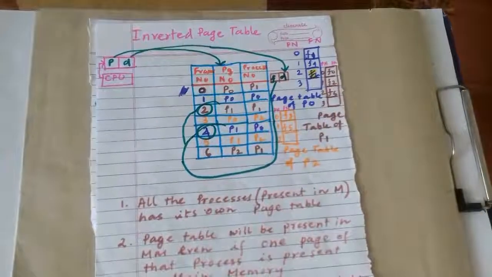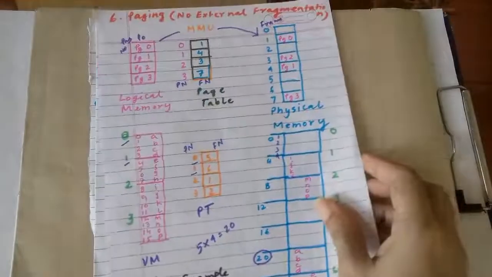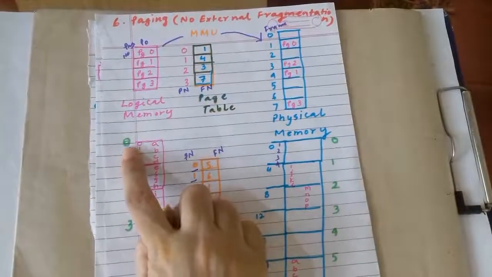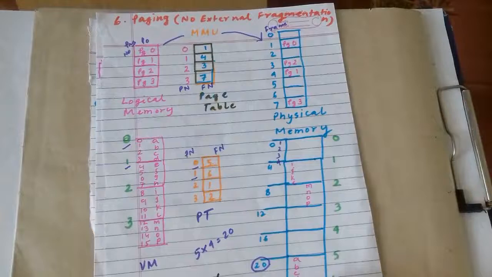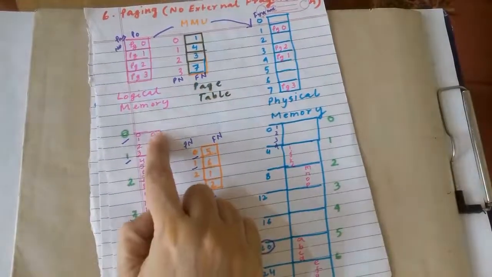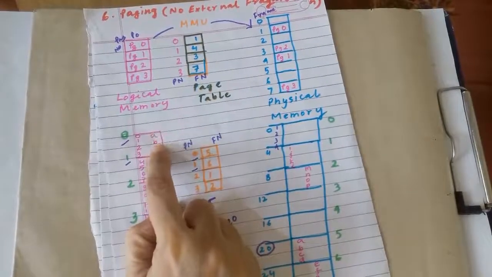So how does offset work here? Offset is from that particular location, like we have seen in the previous video. Suppose you are searching for page number 0 and page number 0 is present in frame number 5, then offset is nothing but, suppose we want to access A and B, then the offset value will be 2.